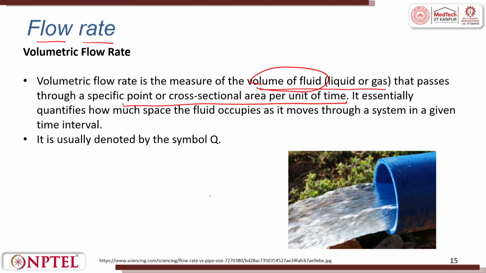It essentially quantifies how much space the fluid occupies as it moves through a system in a given time interval. It usually is denoted by the symbol Q. For example, if the fluid is flowing completely through this pipe, depending upon the diameter of the pipe, flow rate could be calculated.